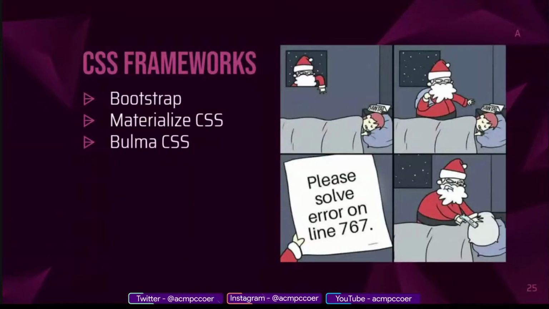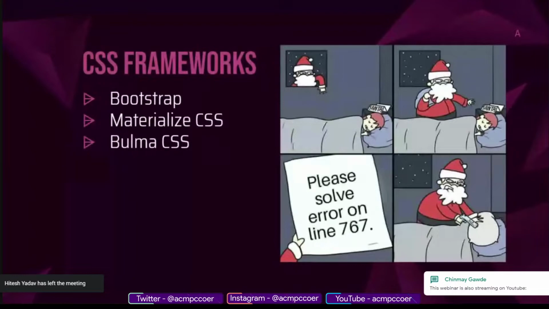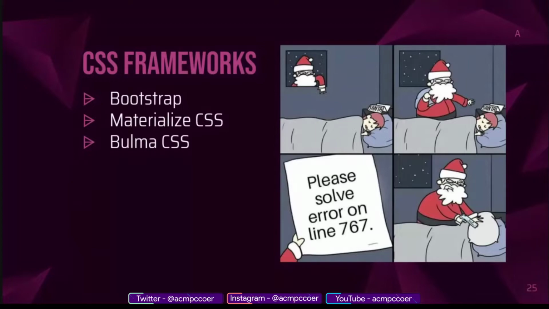To avoid that kind of mess, you can use a CSS framework. And one advantage is you don't have to manually work on the responsiveness of your design. That means you don't have to manually design your website for desktop and mobile. It is going to do that work for you in the backend. So how amazing is that? That's why most people use CSS frameworks.